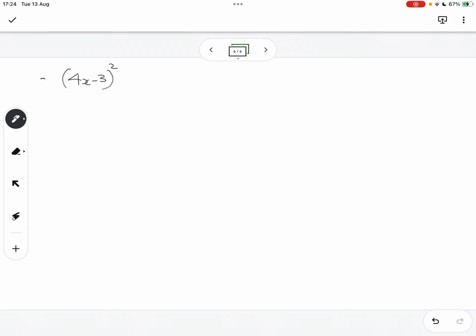4x minus 3 all squared. So 4x minus 3 all squared would equal, remember we square the first term, so that would be 4 squared, which is how much? 16. Then we multiply the terms.